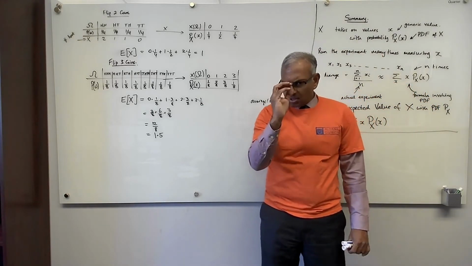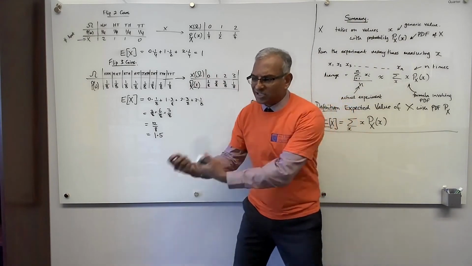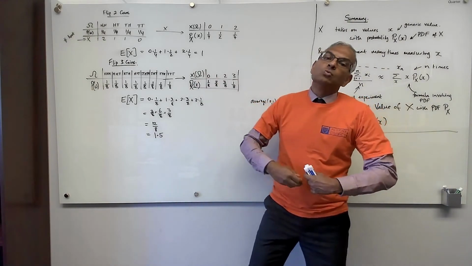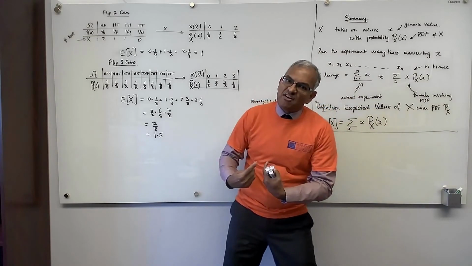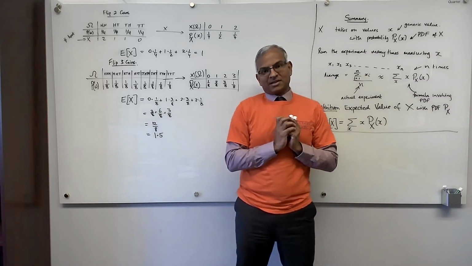So it's very important. In your mind, you should think of the expected value not as a typical value, not as what you expect to see, but as what you would see if you did the experiment many times and then averaged the results.